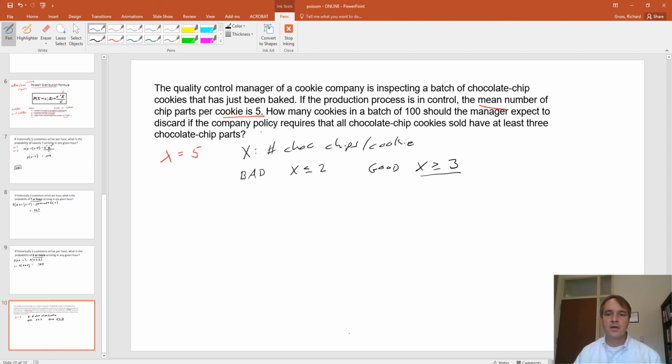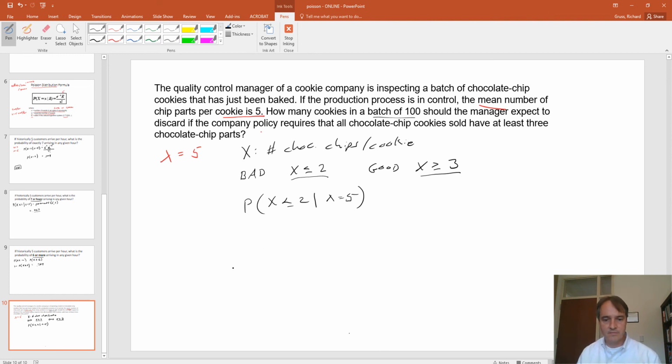So in a batch of 100, how many can we expect to have less than or equal to 2 chips? This is nothing more than the probability that x is less than or equal to 2, given that lambda is equal to 5. So this is going to be a CDF.